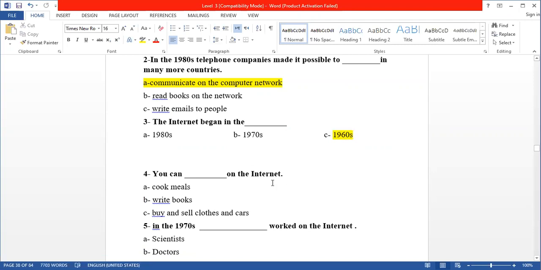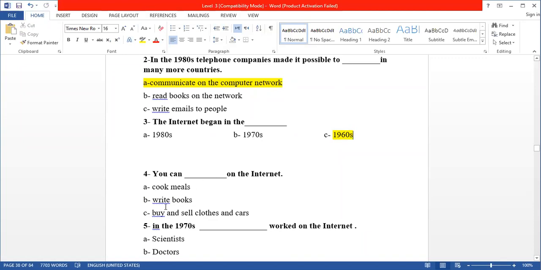Four, you can on the internet: cook meals, write books, buy and sell clothes and cars. Which one is correct? You can cook meals.